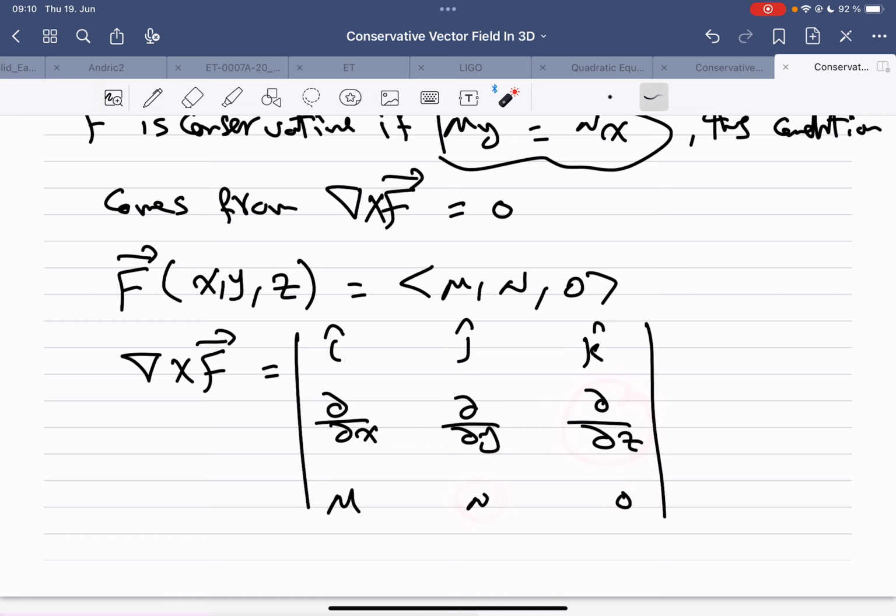But note that we need to write it like this to understand: m of x y, n of x y, 0.